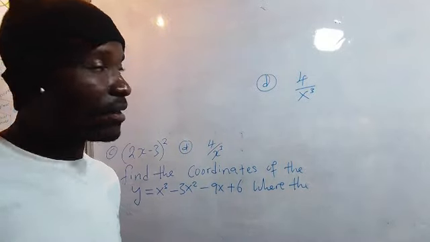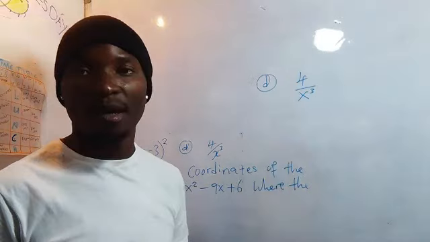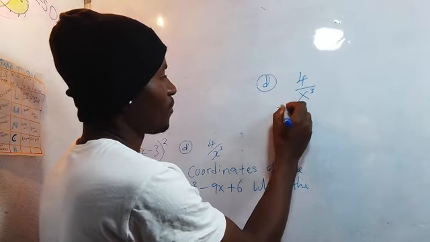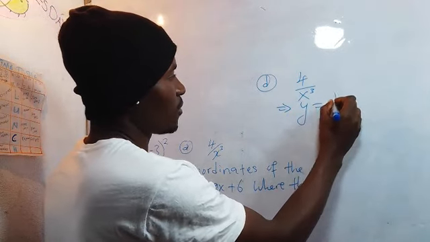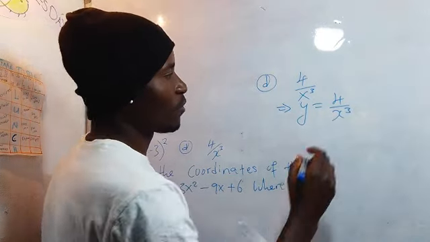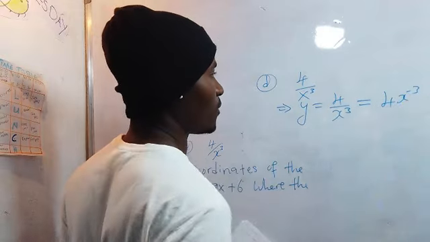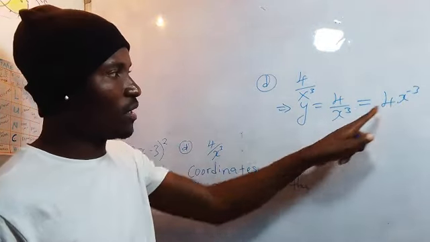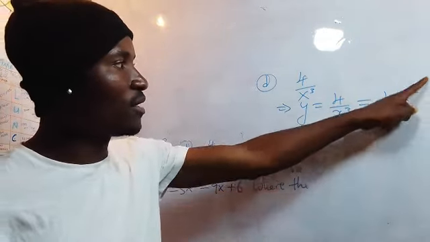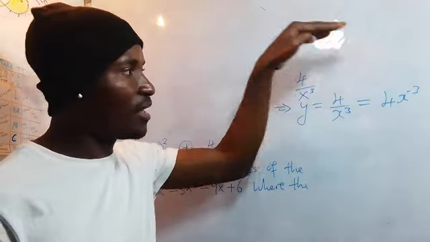Okay, so now let's look at 4 over x to the power 3. So what you can do is y equals to 4 over x to the power 3. Okay, which is just 4x to the power negative 3. Okay, so make sure that we don't confuse ourselves, because we just want to make this one a single term as to avoid the numerator and also the denominator.